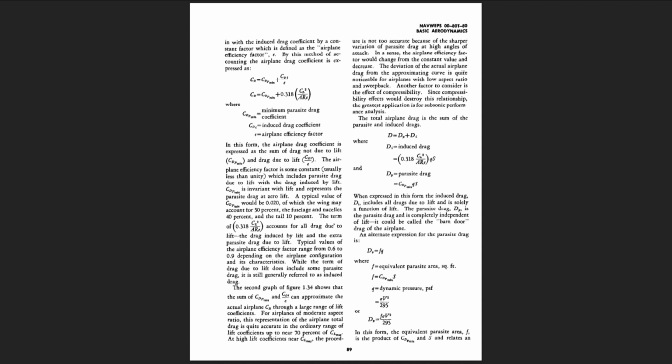In this form, the equivalent parasite area, f, is the product of CDp min and S, and relates an impression of the barn door size.